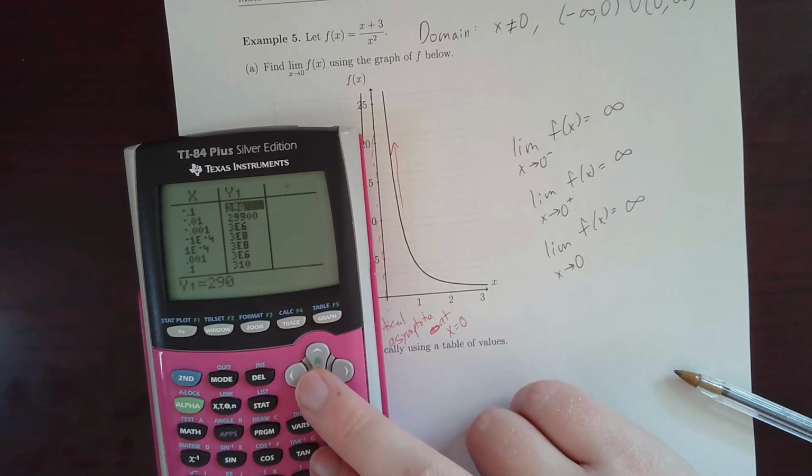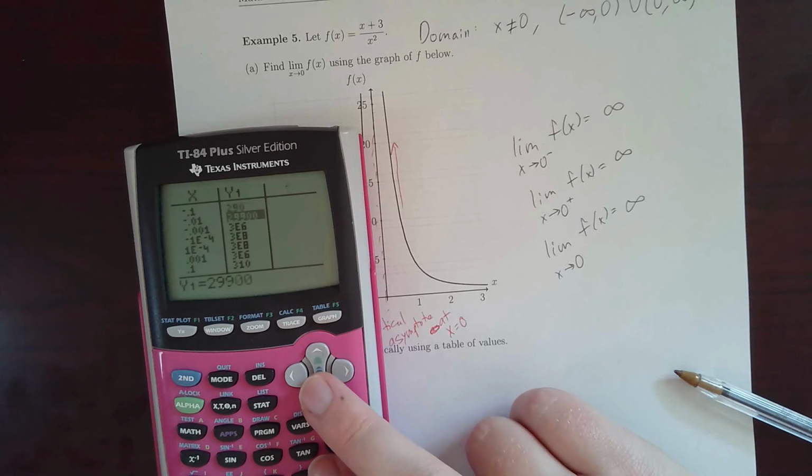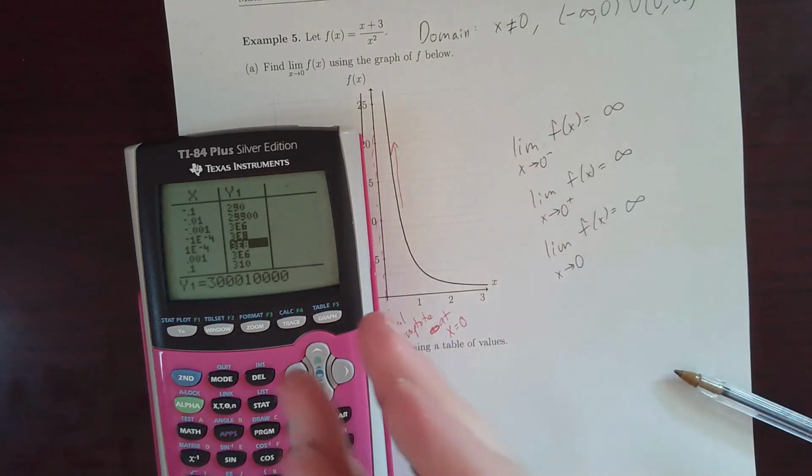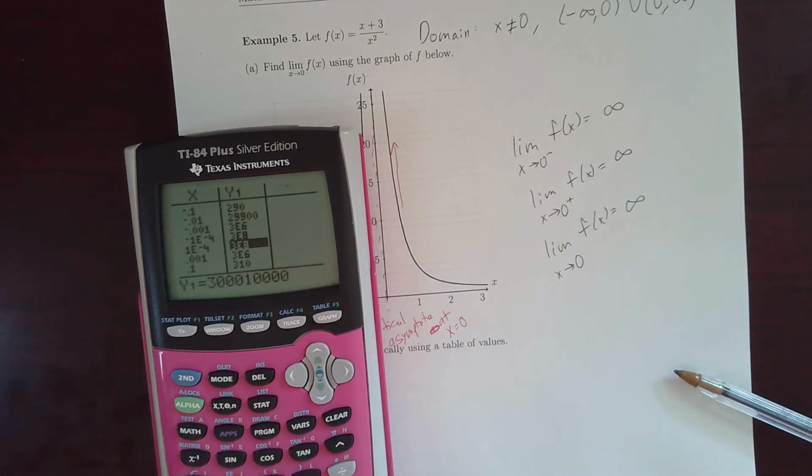And so when we're closer to negative 0.1 and 0.1, we have some pretty good sized values, but they very quickly jump up in magnitude as we go a little bit closer to 0. And so this would be a good way of helping us see that those function values are going to just keep jumping up as we get closer to 0.